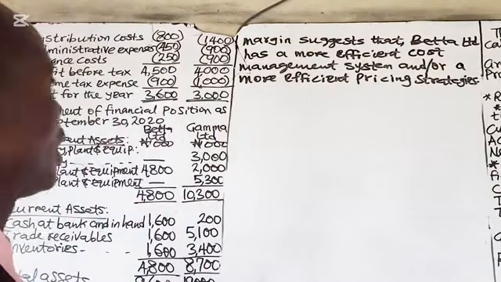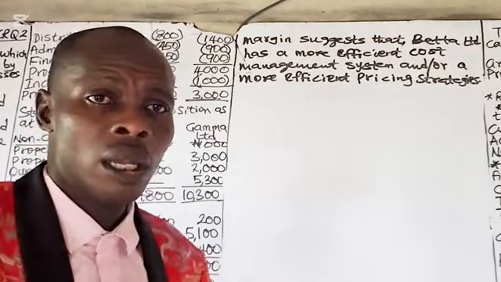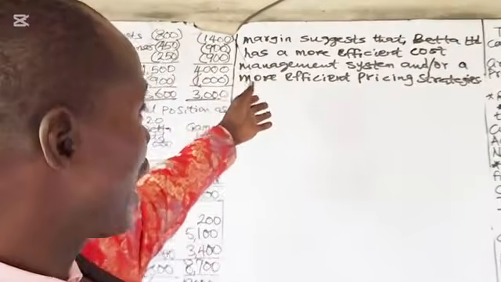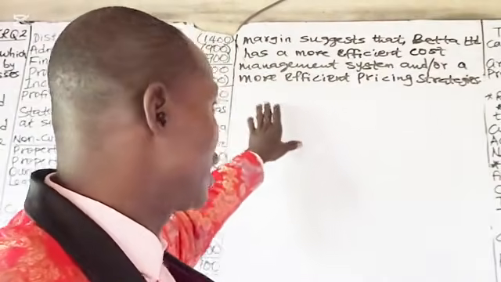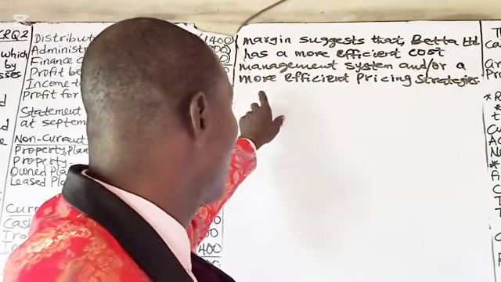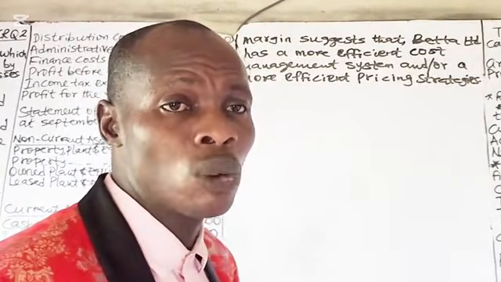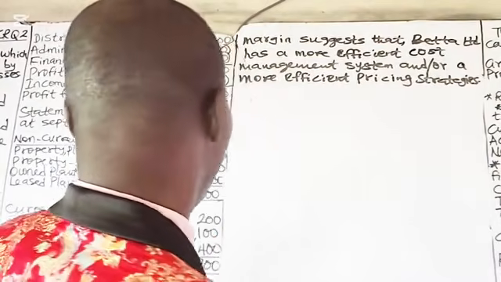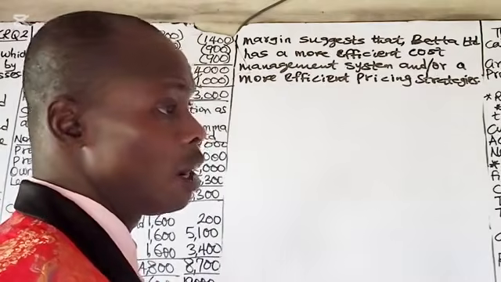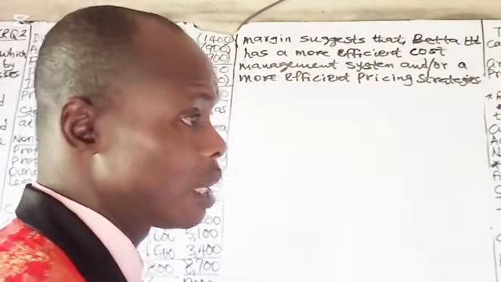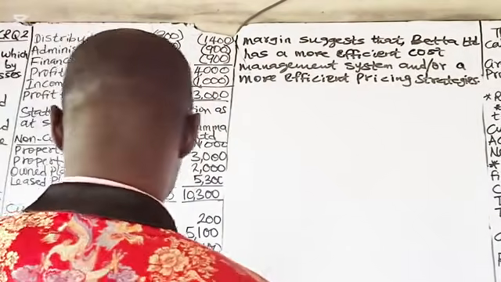So, if you want to learn more about the analysis of financial performance, or how I came about all these findings, I will advise you watch my first video on interpretation of financial statements. So that is for gross profit margin.